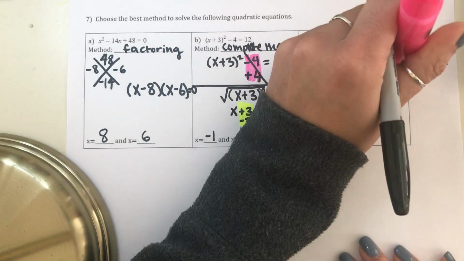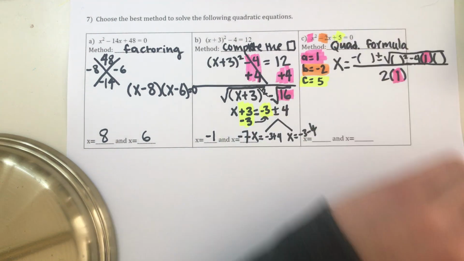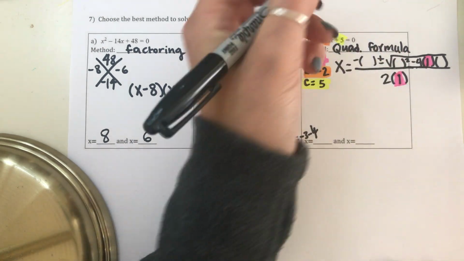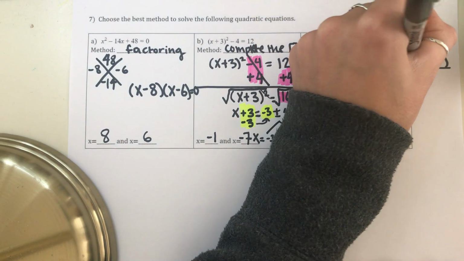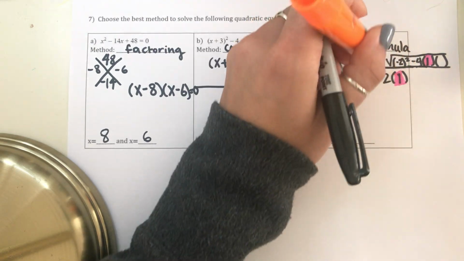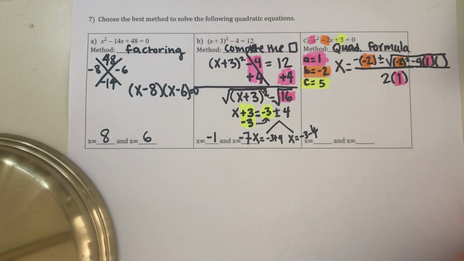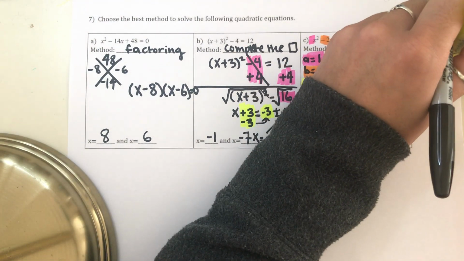Highlight that pink. B is going to go in these two positions, so I'll highlight that orange. And 5 is my last number, which goes at the very end.